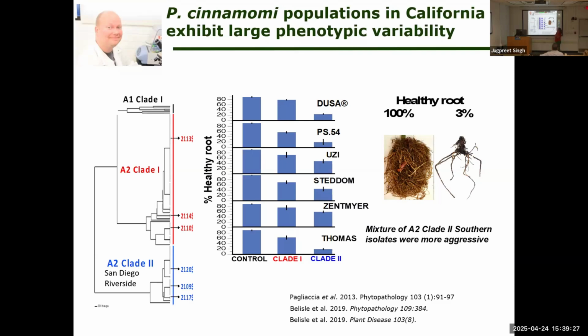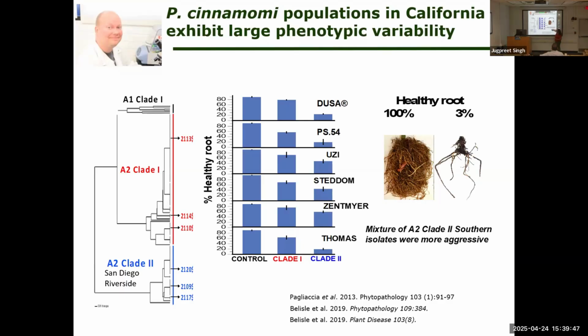Dusa and Thomas were resistant, Dusa from Westphalia, South Africa, and Thomas from UCR years ago, with one population that was from 10 years ago. Now, with clade one, this group of isolates, the resistance still holds with the control.